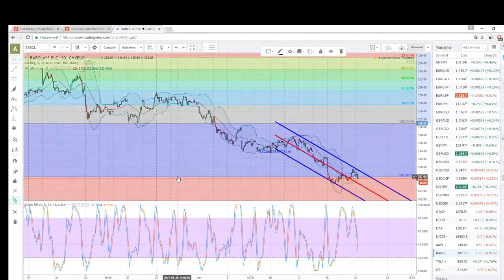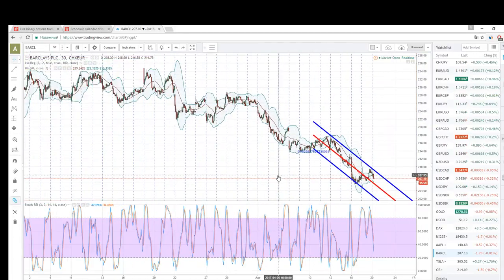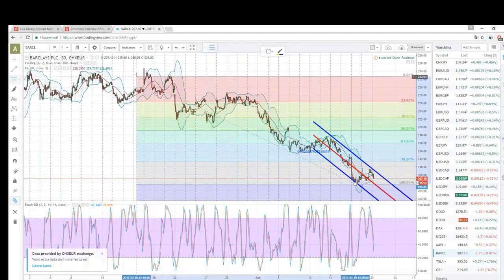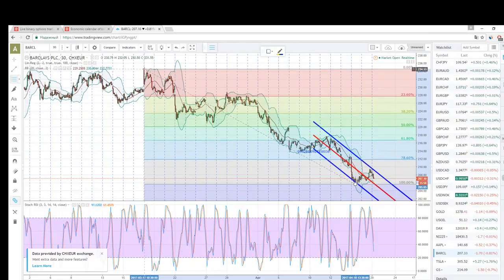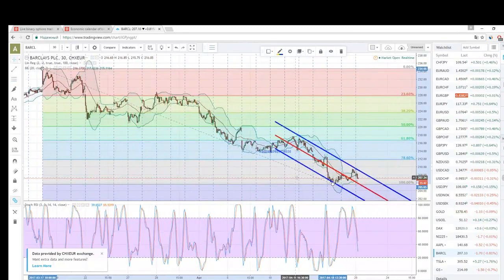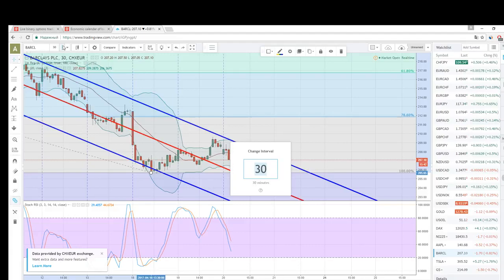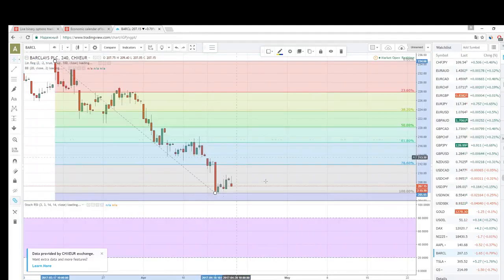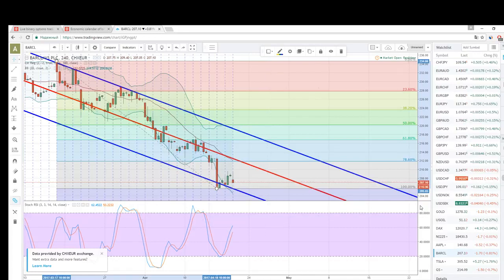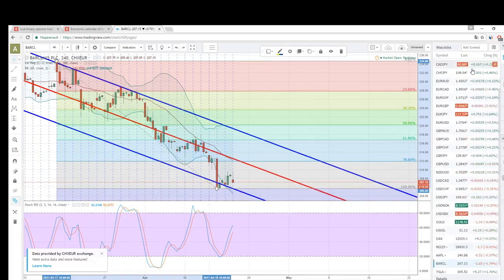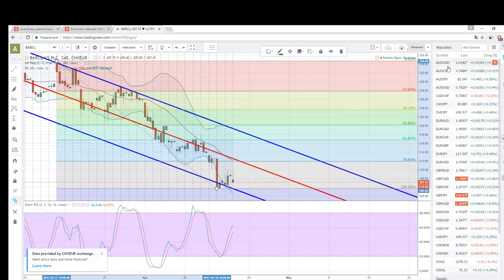Okay, it's time to change the Fibonacci that I have added to the chart, because basically we have a new low. Well, nothing. Currently I don't see the point to enter, so I won't trade.